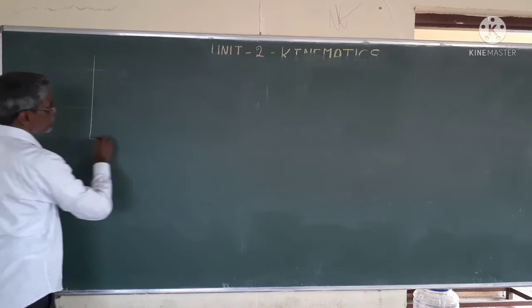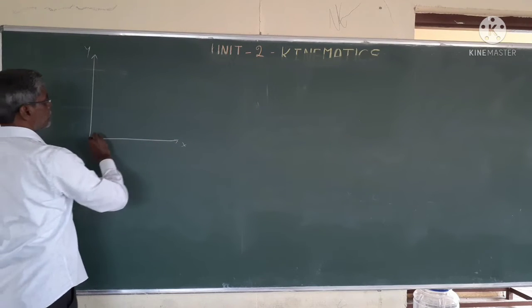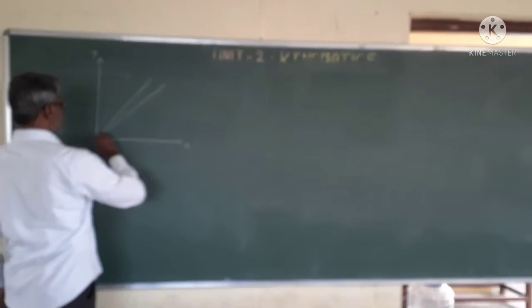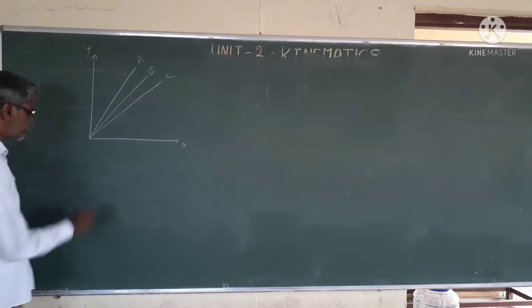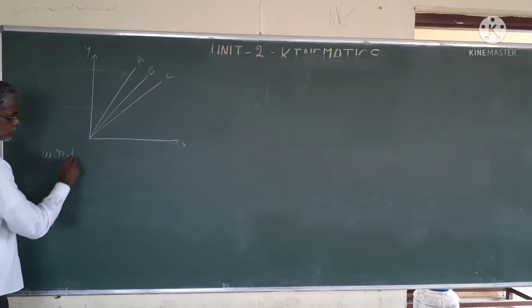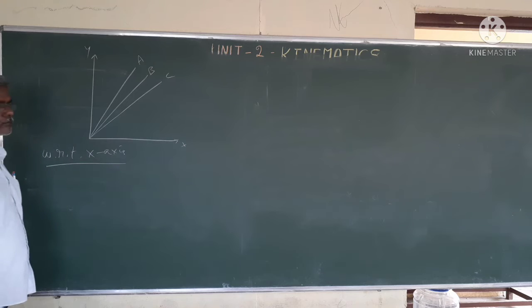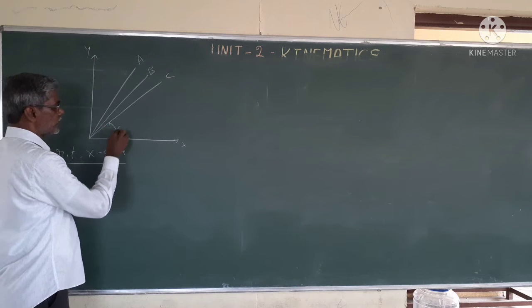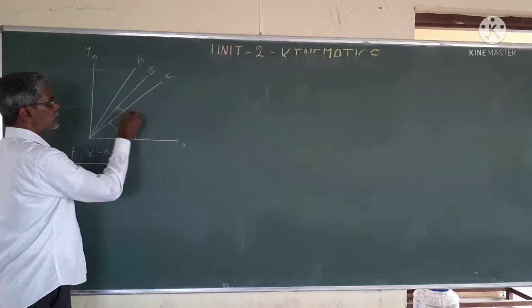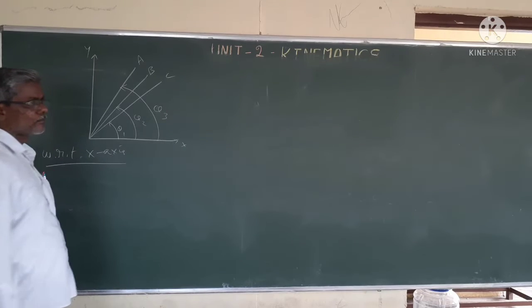Now, let us consider three lines, 1, 2, 3. Let us consider A, B, and C. With respect to the x-axis, how will the slope be? Let this angle be theta 1, this angle theta 2, and this theta 3.